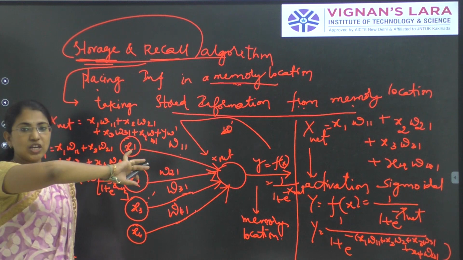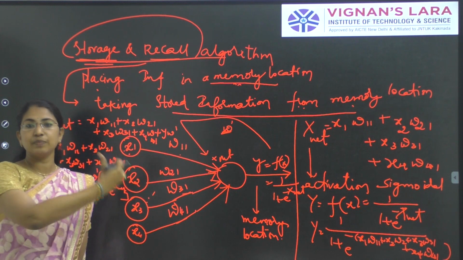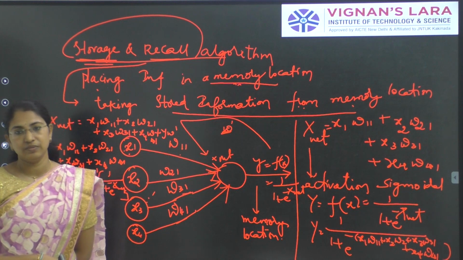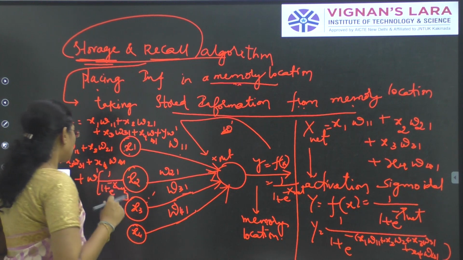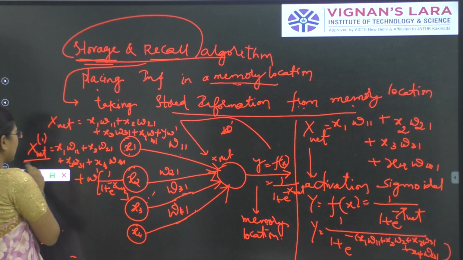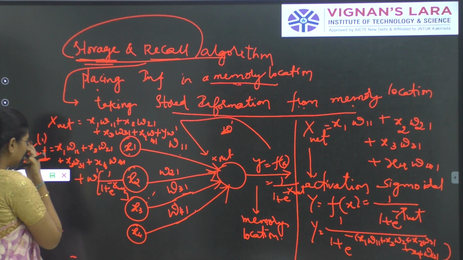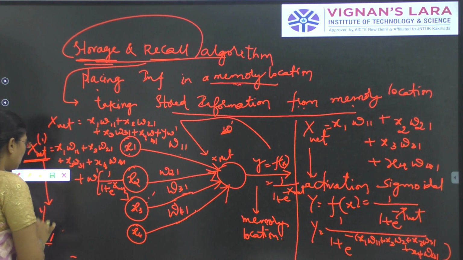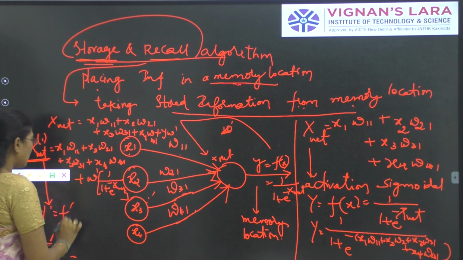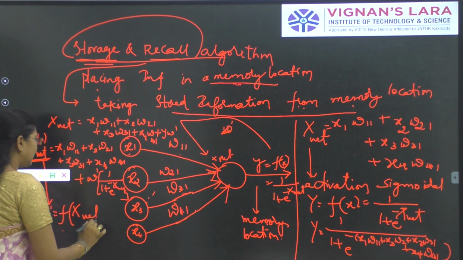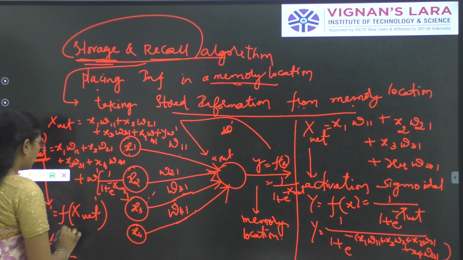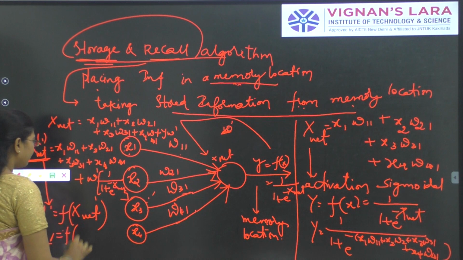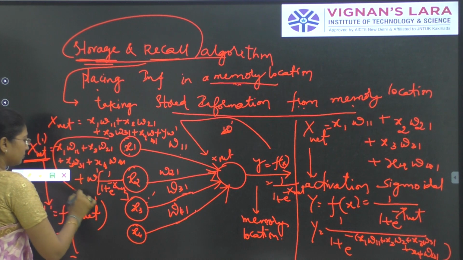The new net of the system is obtained by passing the obtained output as one of the inputs using the recalling function. So we obtain x net dash, which is again passed through the activation function. So you get y dash is equal to f of x net dash, which is f of this total value.